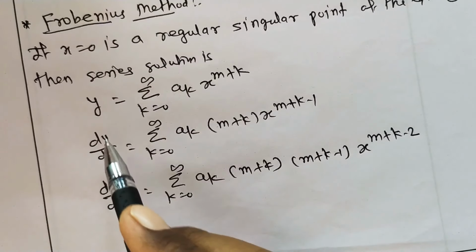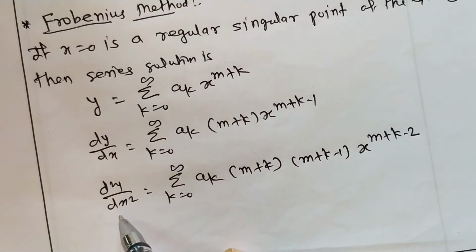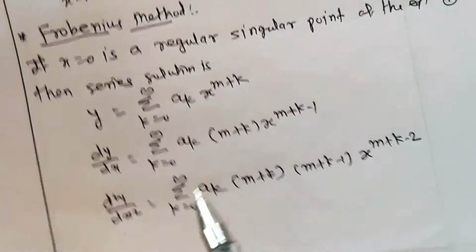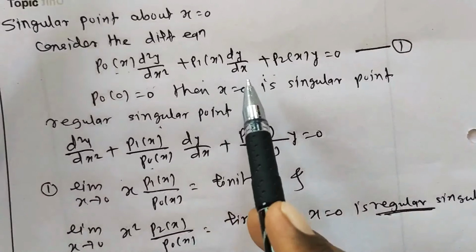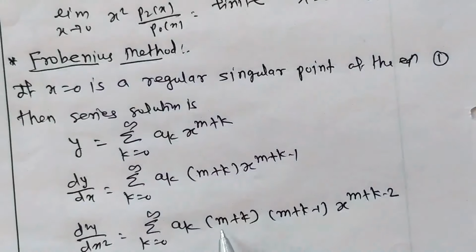So after getting y, dy by dx, d2y by dx square, put all these values in equation 1. Okay, and if you put these values in equation 1, then we have to find m here. So how do we find the value of this m?